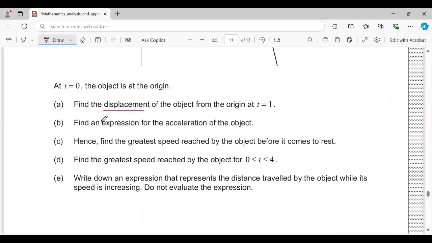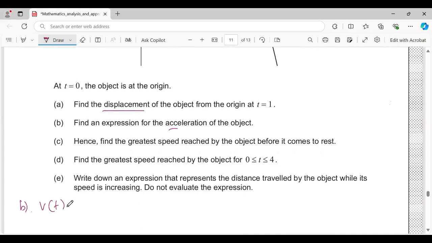B, find an expression for the acceleration of the object. Acceleration means we are going to find the derivative of velocity.